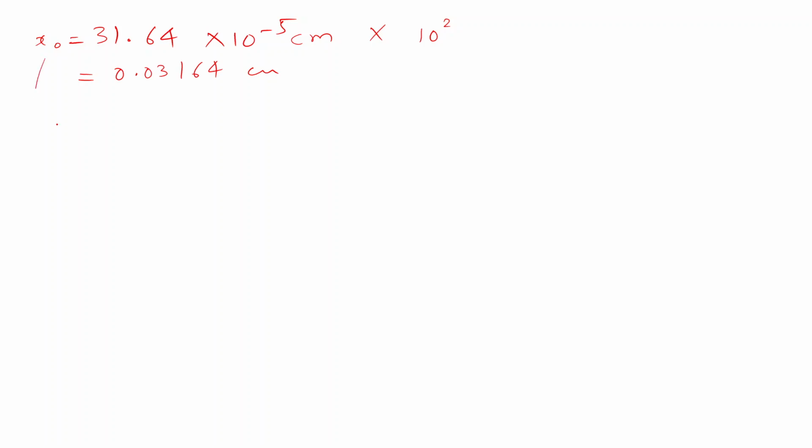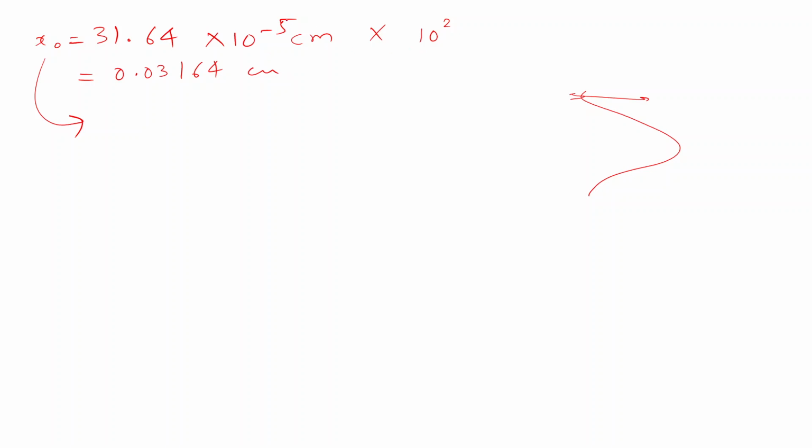This is the position of the first interference minima under the first diffraction minima. So this is the one position, 0.03164 centimeter.